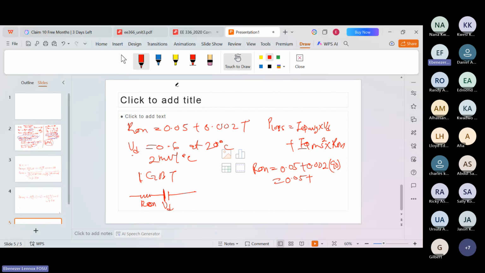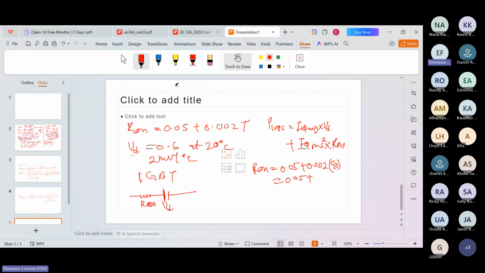From the question, it says assuming an operating junction temperature of 90 degrees Celsius, calculate the conduction power losses in the IGBT and in the diode.